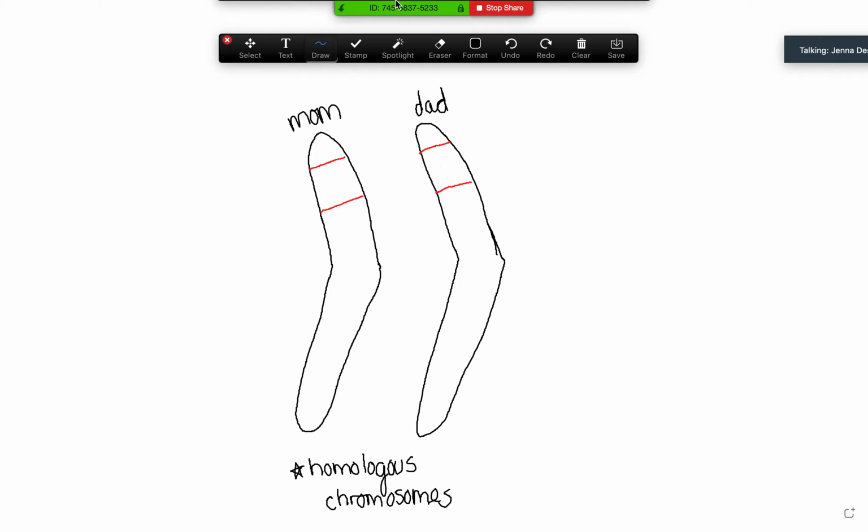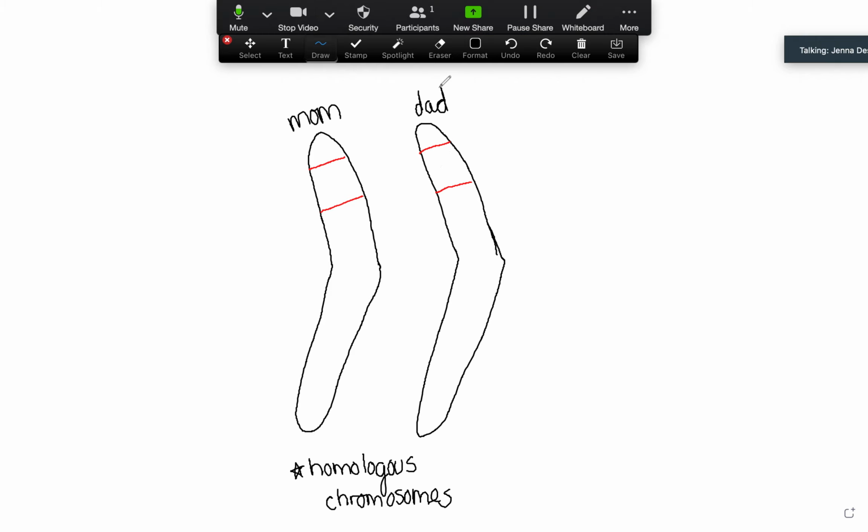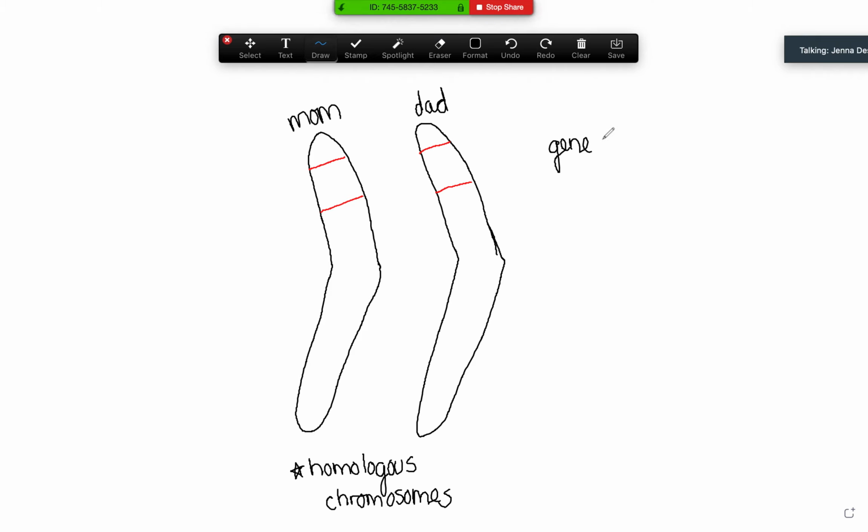Okay, and so let's say we have our gene. Let's say that gene is for hair length, or no, hair type. So if the gene is hair type, my alleles, let's say, are curly and straight.